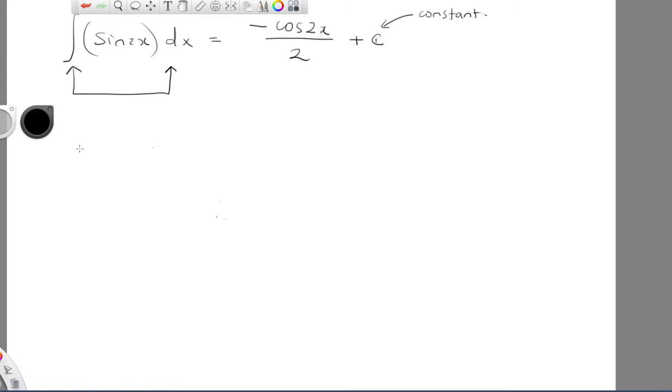Let's talk about integration of x to the power of 2 dx. So this is integration of just this bit here, okay? If you integrate that, you just raise the power by 1, so this becomes x to the power of 3, and just divide that by that power, 3, and plus c there, okay?